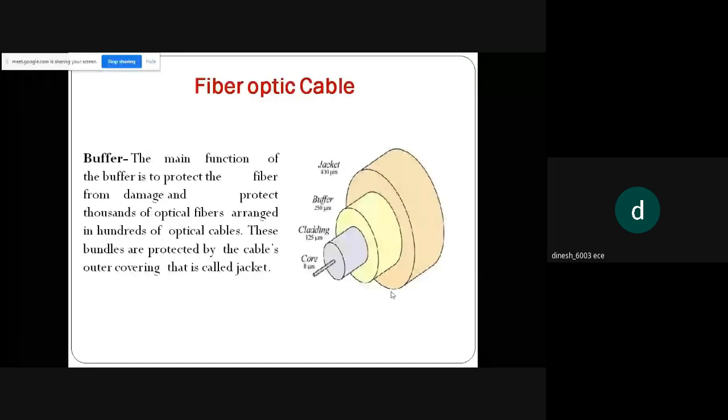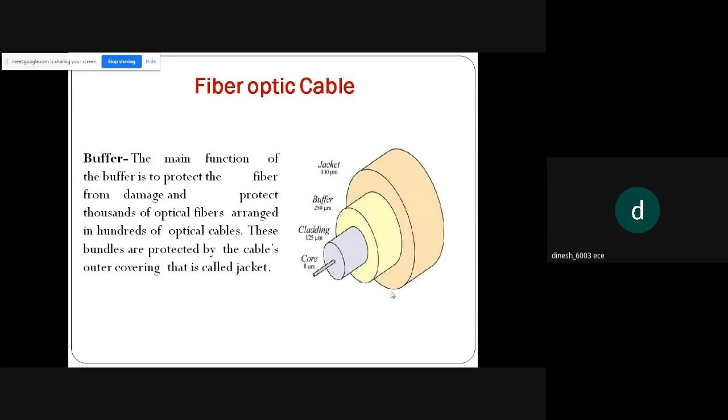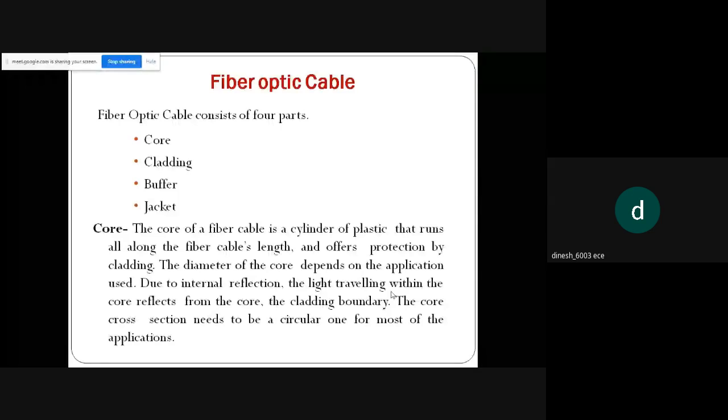So now let us see the function of each and every part: core, cladding, buffer and jacket.